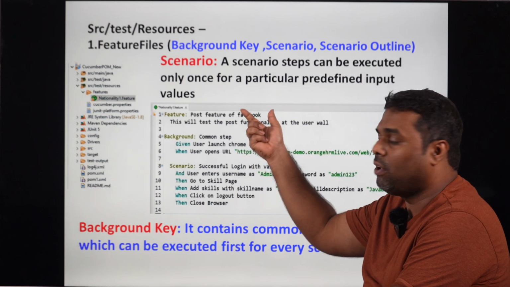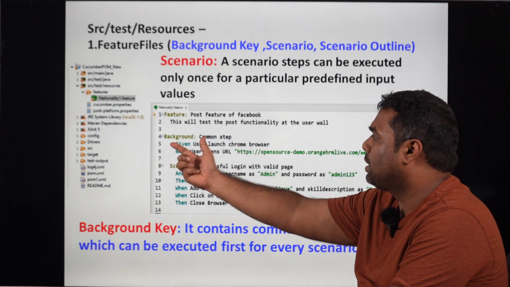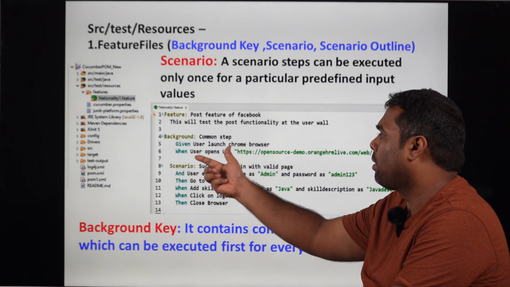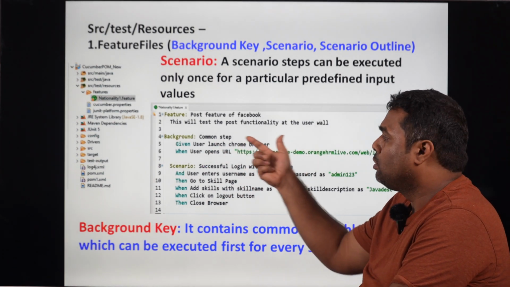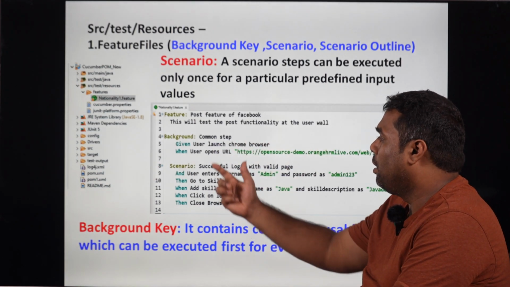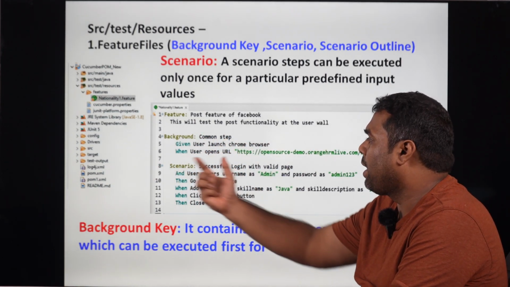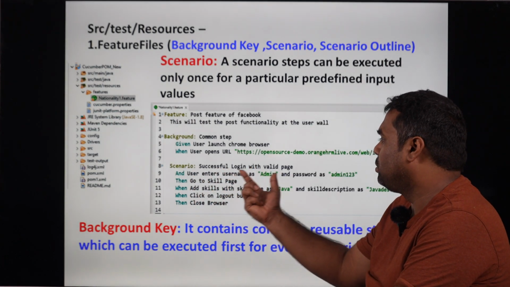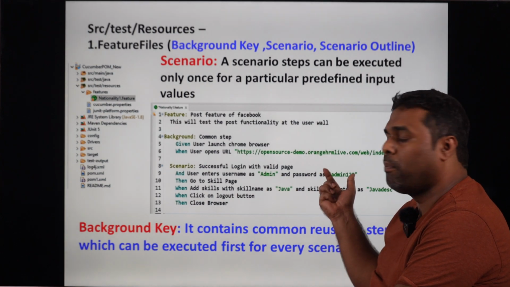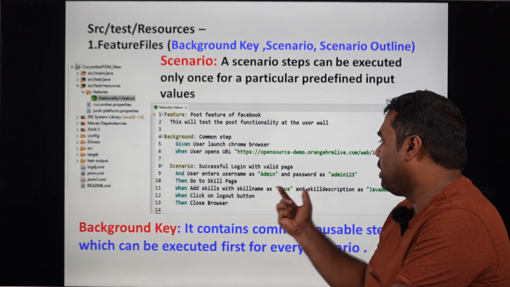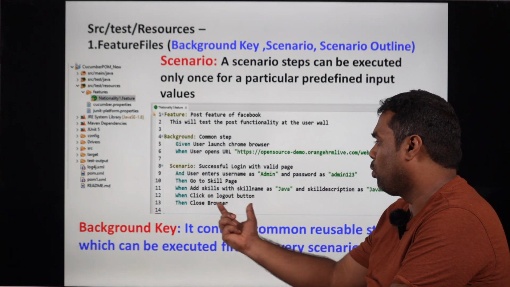The background section contains some common reusable steps, like launching the browser and launching the application URL. Such common keywords we can write in the background section, and following that background we write the scenario. Here I am writing that the user enters username admin and password admin123, then goes to the skills page, adds the skills name, clicks on logout and closes the browser.